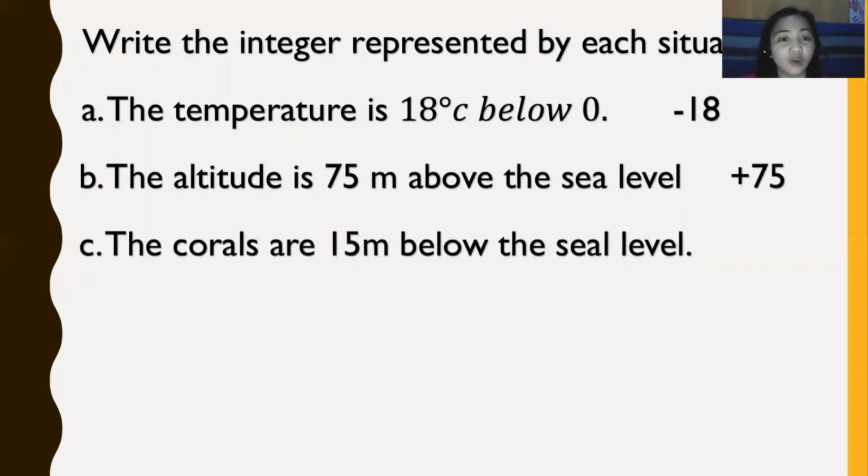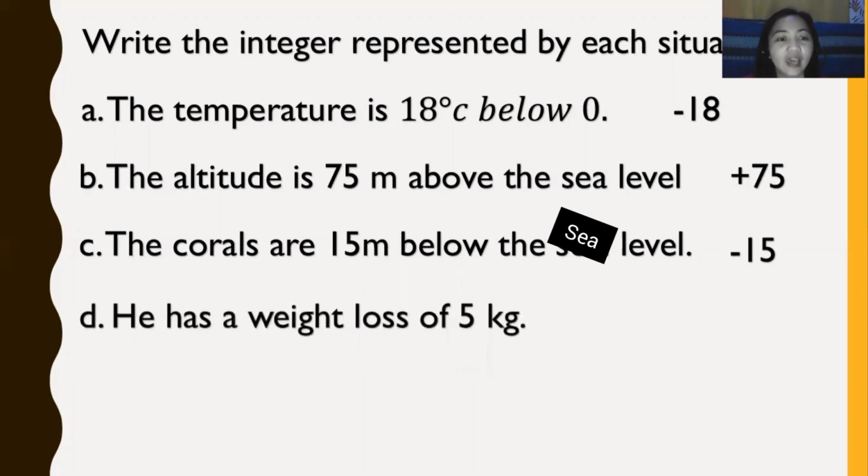Letter C, the corals are 15 meters below the sea level, and that is negative 15. Letter D, he has a weight loss of 5 kilogram, and that is negative 5. Because of the word loss. If we have the word gain, weight gain, that is positive.